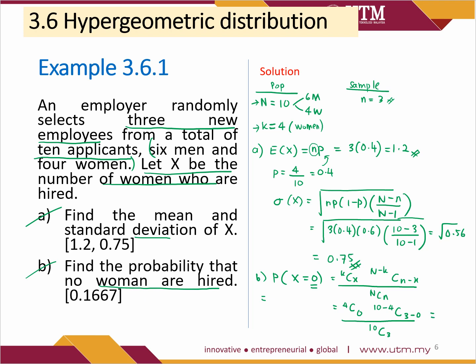So you will get your answer, which is 0.1667. This is how you solve the hypergeometric distribution problem.